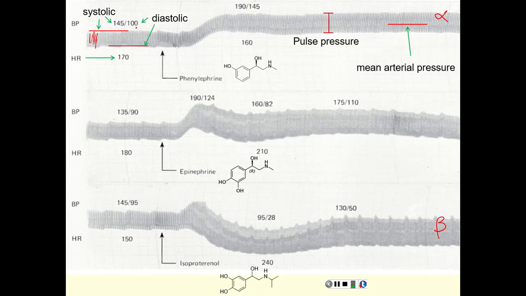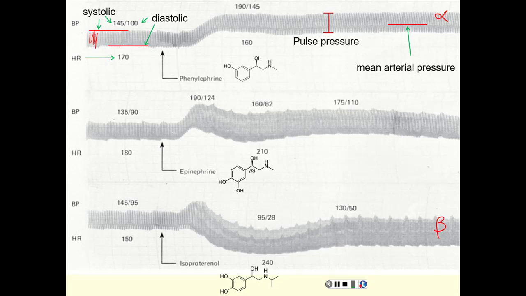The height of the pressure wave indicates systolic pressure, in this case 145, and the bottom of the waves indicates diastolic pressure, in this case 100. Heart rate is achieved by counting the number of beats per minute.